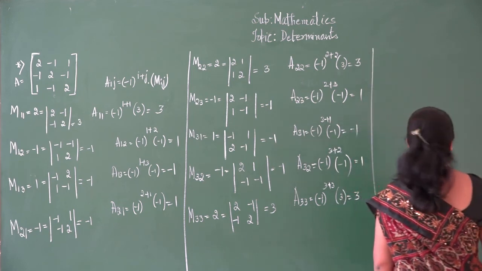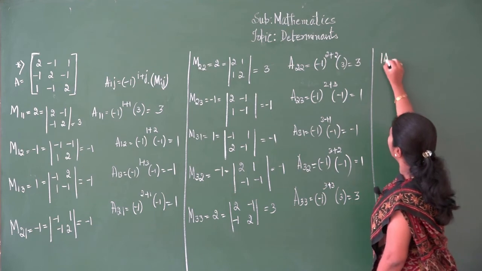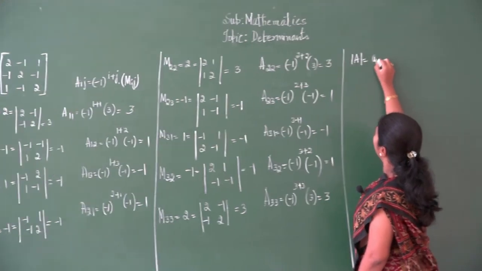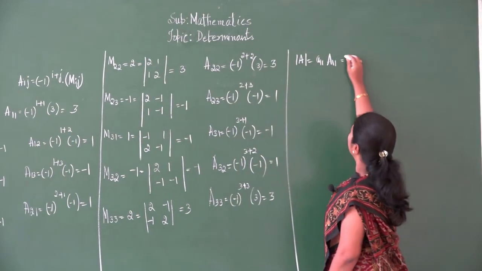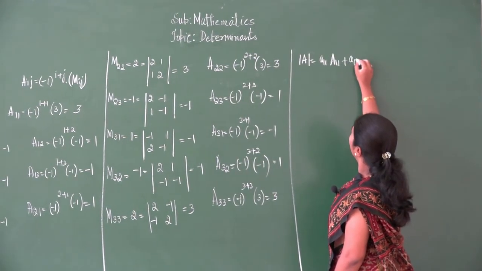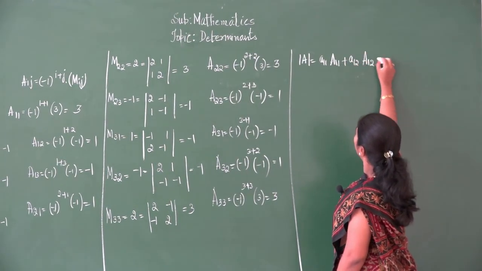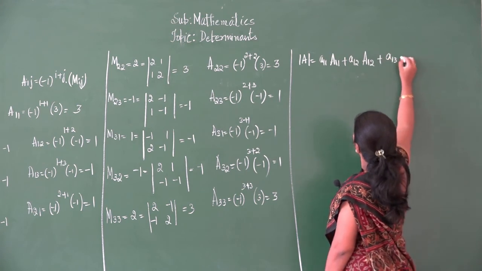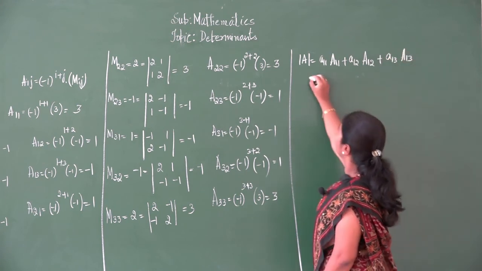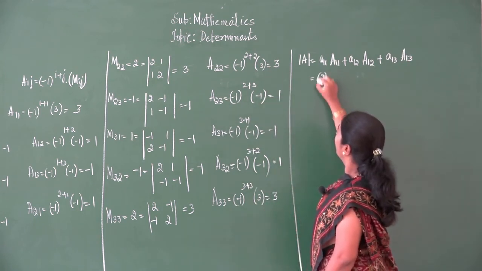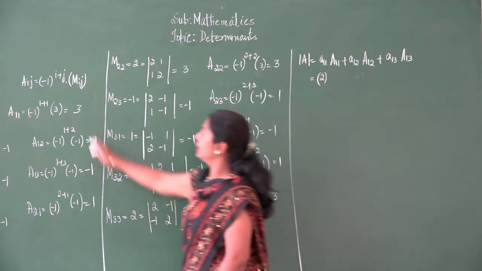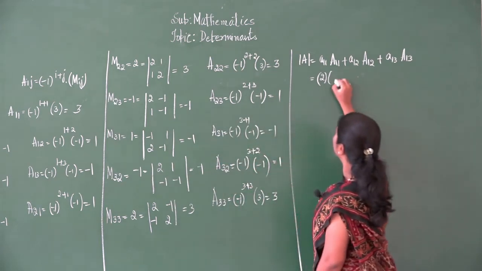Simultaneously, now we shall find out determinant A as well. How do you find determinant A? A11 into cofactor A11, plus A12 into cofactor A12, plus A13 into cofactor A13. What is A11, the element given in the matrix? 2. What is the cofactor of A11? That is nothing but 3.